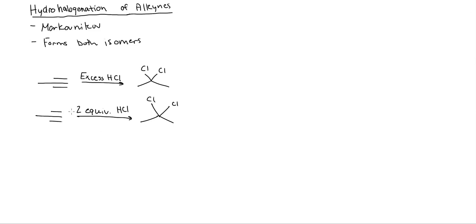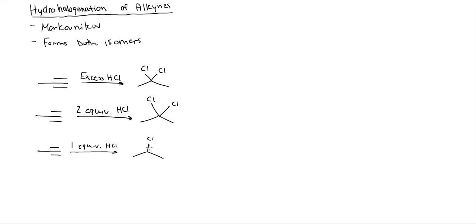All right. Then let's see what happens when we add 1 equivalent of HCl to a terminal alkyne. That means we just get rid of 1 of the pi bonds and add a chlorine, and we're left with a double bond.